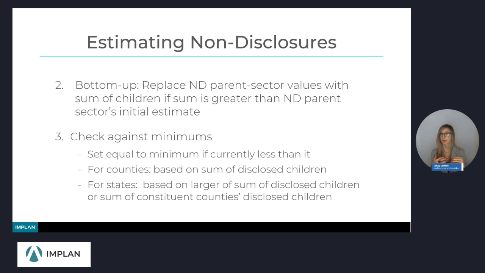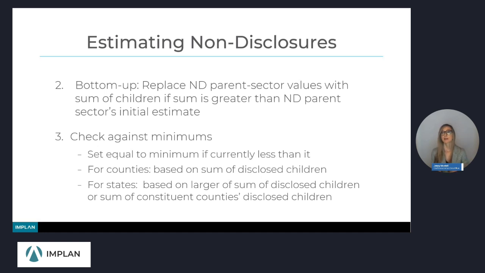So that means if we're working on something that's 5-digit or 4-digit or 3-digit or 2-digit, something that has children sectors underneath it, and some of those children are disclosed, well, the sum of those disclosed children is the minimum that the parent can be, right? The parent has to be at least as big as disclosed children. So that's the minimum when we're talking about counties.